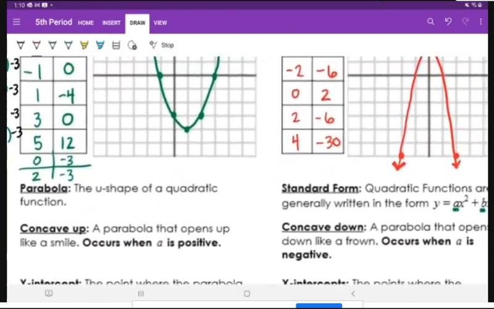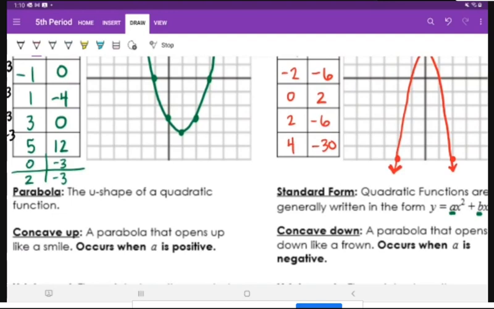So look at your next 2 definitions, concave up and concave down. A parabola that opens up, so it's like a bowl that's facing up, or in the definition here I wrote, it's like a smile. A parabola that opens up like a smile occurs when A is positive. So if there's anything on this page you're going to highlight, it should be this right here.